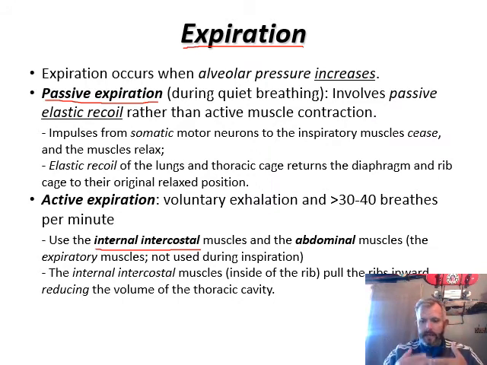If I draw it down and in, it further decreases the volume in my thoracic cage, and therefore further increases the pressure, and therefore I'm able to breathe out or expire more air. Right? So passively for quiet breathing, and we recruit the internal intercostals and abdominal muscles when we're doing a full breath out.